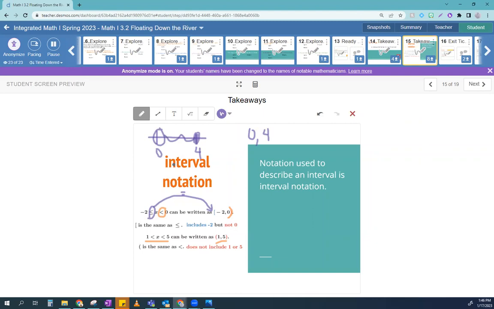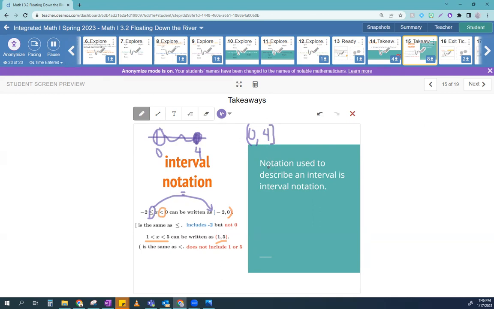Yeah, it's a parenthesis. Why, Miss Johnson? Because it's not colored in. It's not equal to. So what about the 4? Does the 4 get a bracket or a parenthesis? Look very carefully. Yep. It's a bracket. Very good.